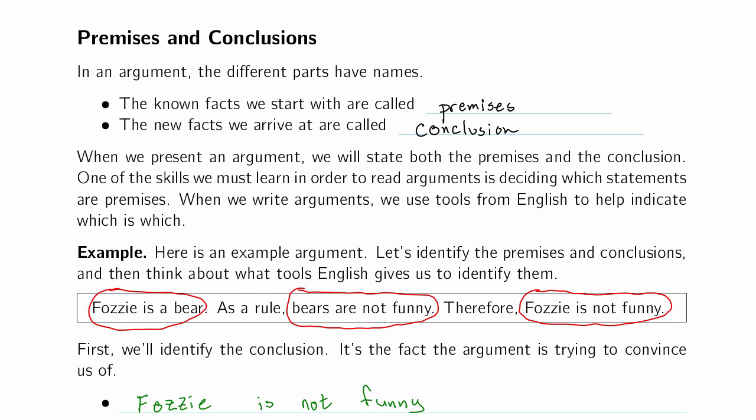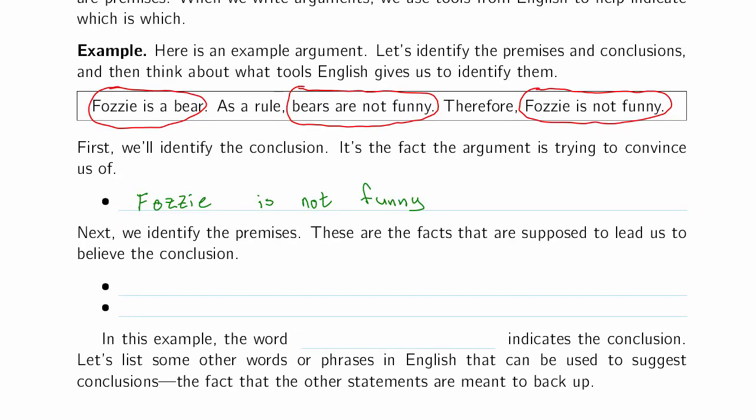Now, maybe you can see that just by reading those sentences. If not, in just a moment we'll talk about what verbal cues English is using here to help us see that that's our conclusion. If that's our conclusion, then the other two facts that this argument is stating, Fozzie is a bear, and bears are not funny, those must be the premises.